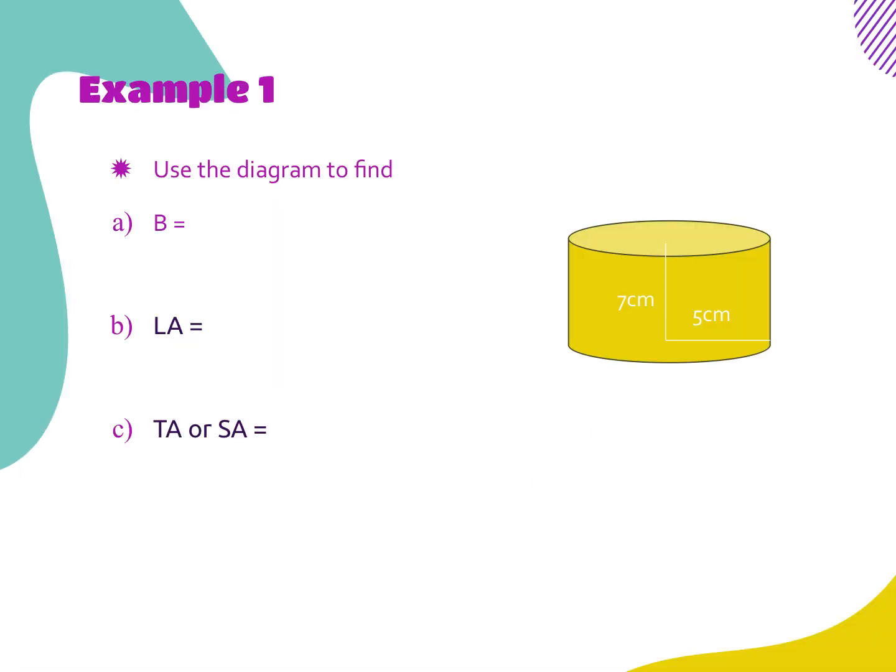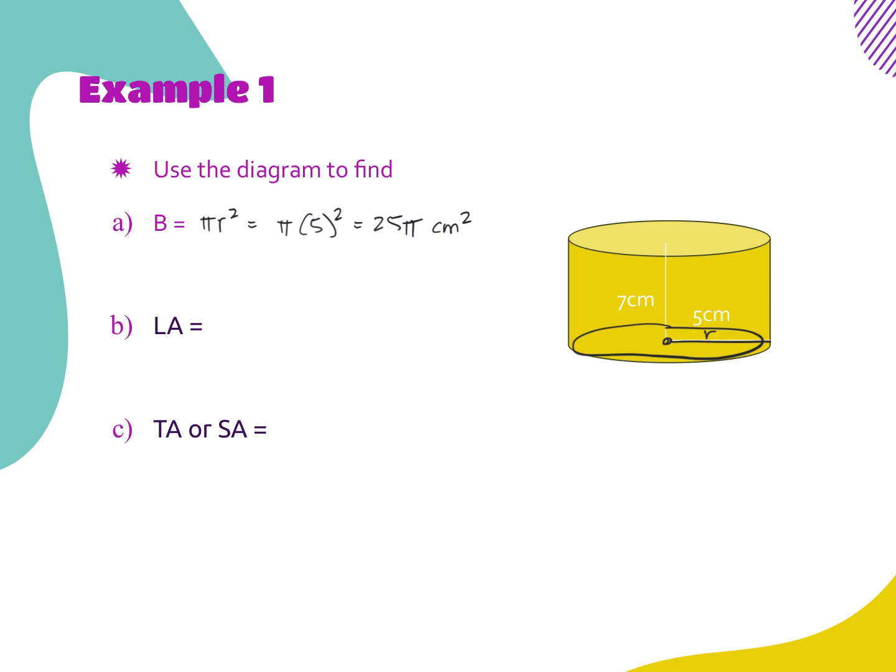So again, if we come over to this picture and we ask you to use the diagram to find the area of the base, the lateral area, or the total area or surface area, we know the area of the base here. It's a circle with a radius of 5. So the area of the base is pi r squared, because it's a circle, and it's pi times 5 squared, or 25 pi centimeters squared.